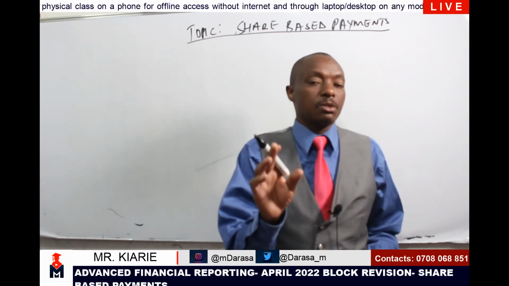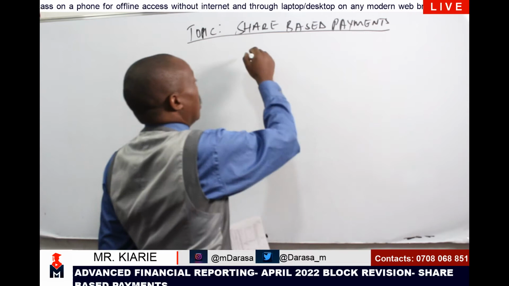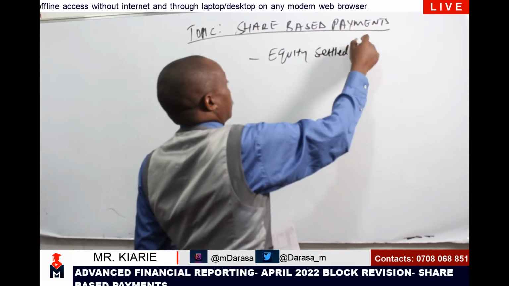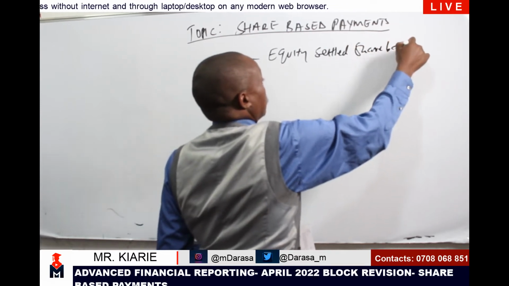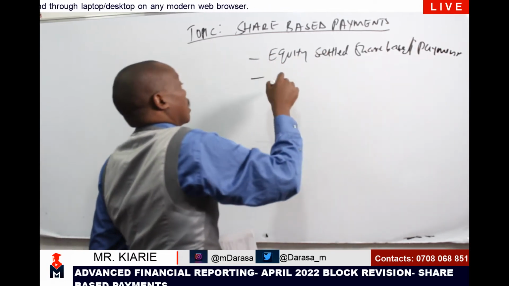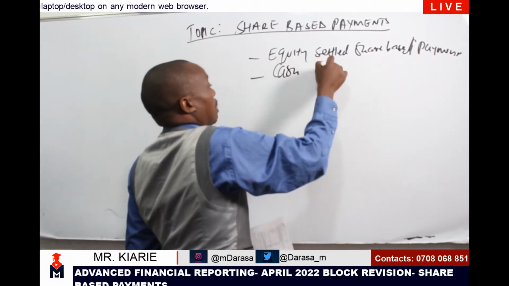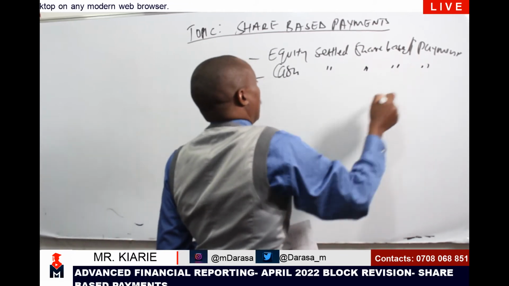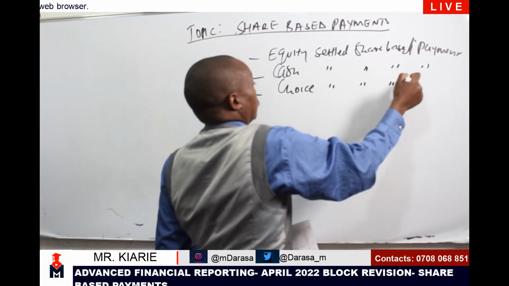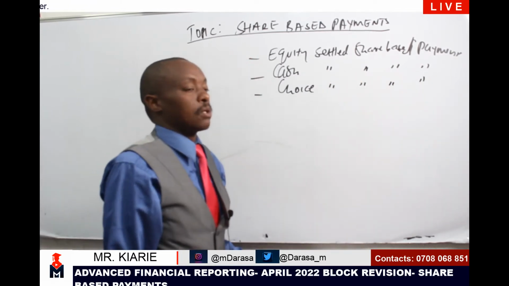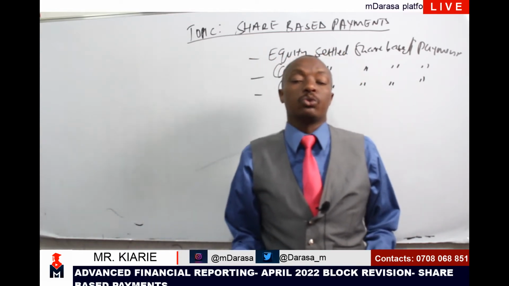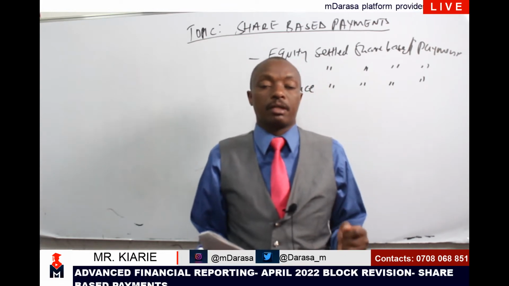There are usually three types of share-based payments, namely equity-settled share-based payments, cash-settled share-based payments, and choice-settled share-based payments. So those are the three types. And then from there, you need to know how to do the calculation part of it.